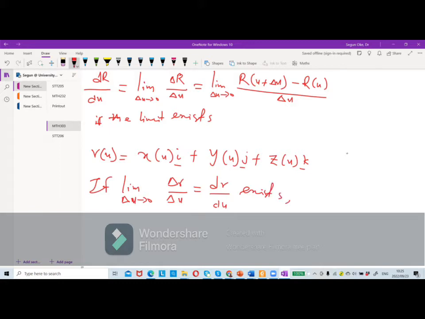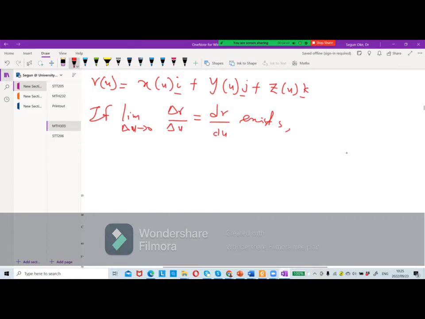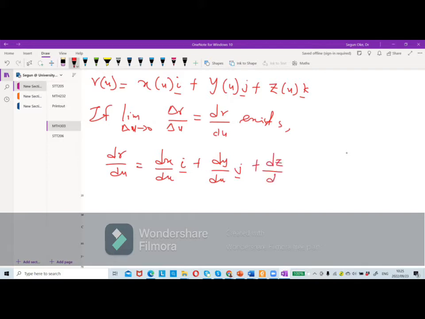If it exists, now we're going to have dR/dU to be dx/dU i plus dy/dU j plus dz/dU k. Now, we are trying to establish this following definition based on what we have on hand.